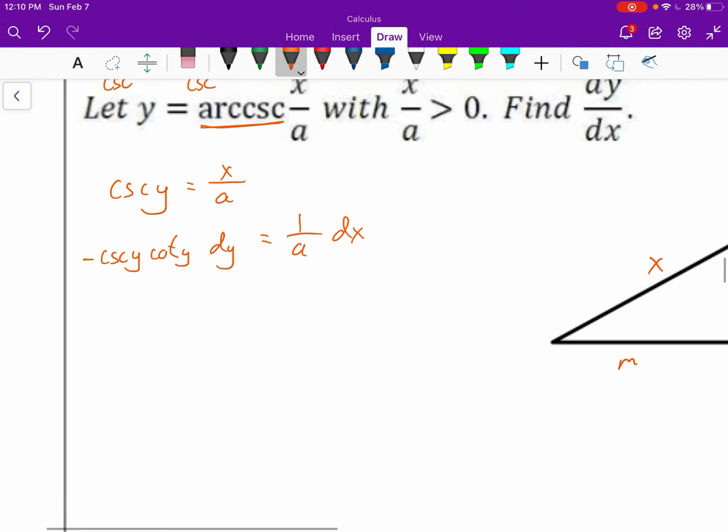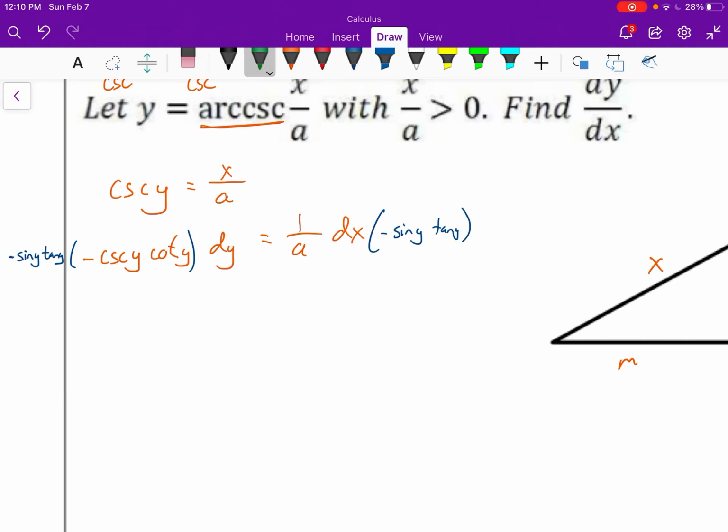Instead of working with cosecant and cotangent and plugging in now, I know that I can multiply both sides by the reciprocal of cosecant, which is sine. In fact, I'll do negative sine to cancel with the cosecant, and I can multiply by tangent to cancel with that. So we're going to multiply both sides by negative sine y tangent y.